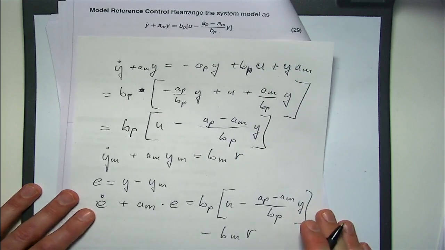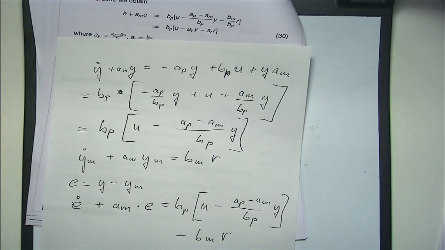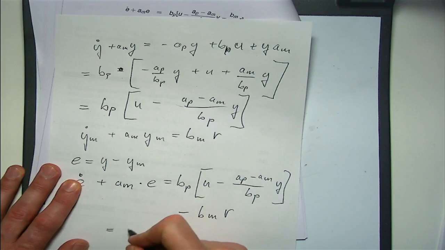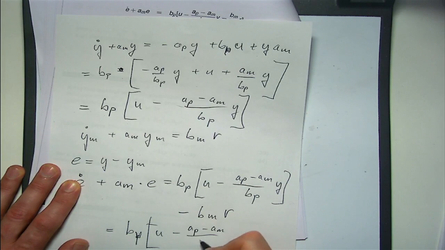And in the next step we pull this inside the bracket, and then we have essentially exactly what is written there. So u minus (Ap minus Am) over Bp times y minus Bm over Bp times r.